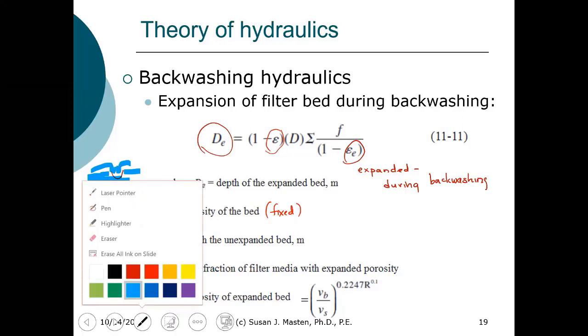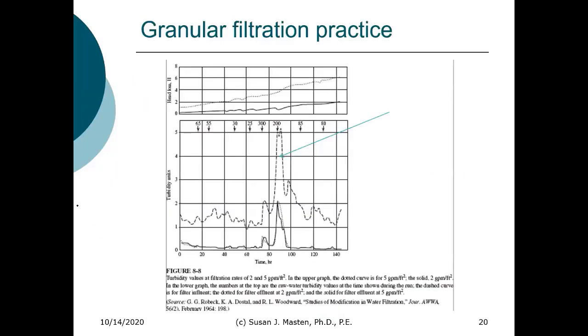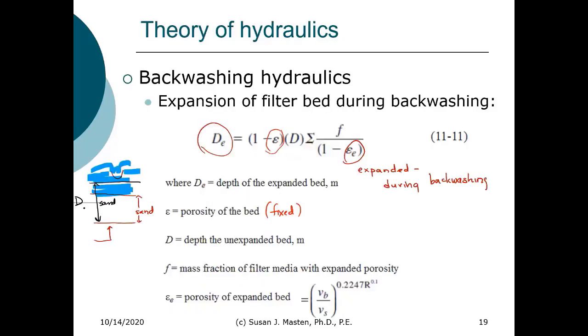The depth of the bed during backwashing, so this now is the sand. This is the depth of the bed during backwashing. This is the depth of the bed during operation. So this is D, during operation.